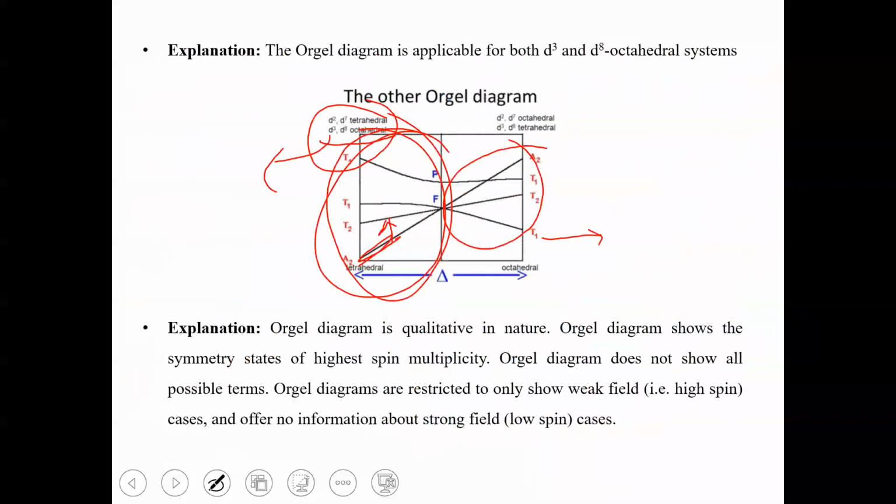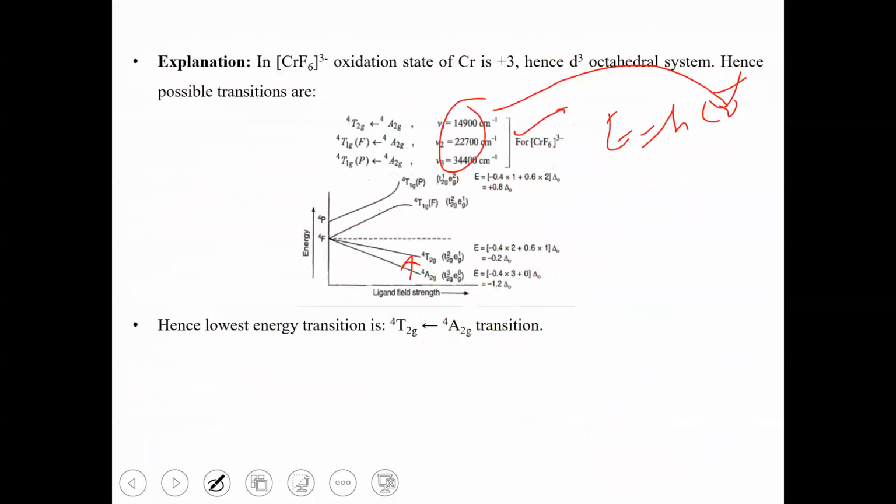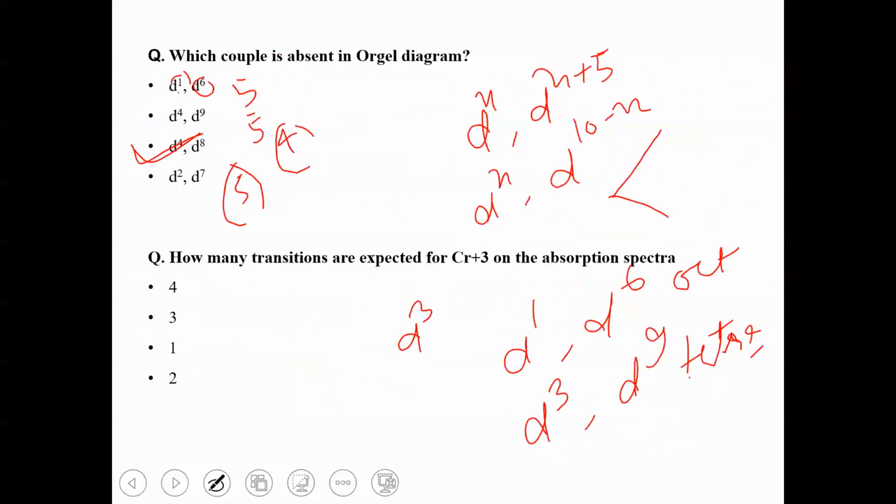Whether it is in a tetrahedral or octahedral environment, it will have three transitions. One is here, one is here, and one is here. Similarly, in a tetrahedral environment it is one, two, and three. In both cases it will have three electronic transitions, so it will show three peaks in the absorption spectra.